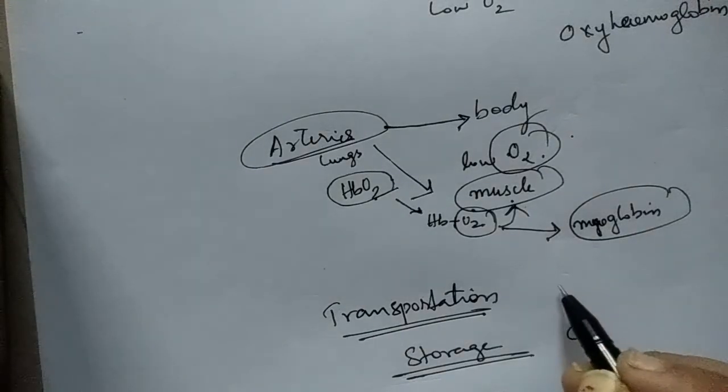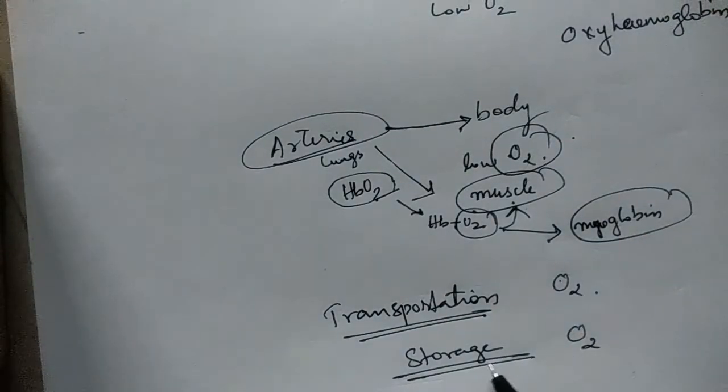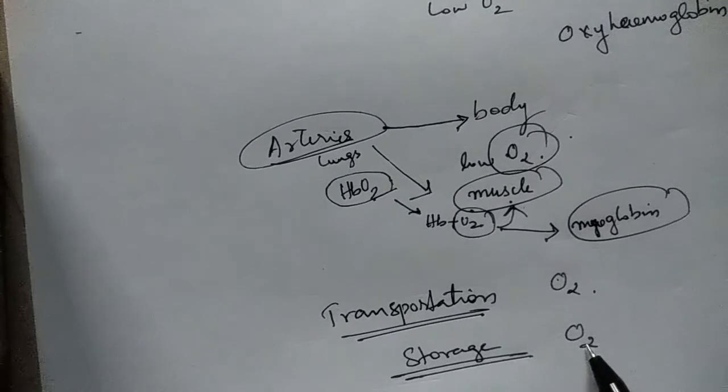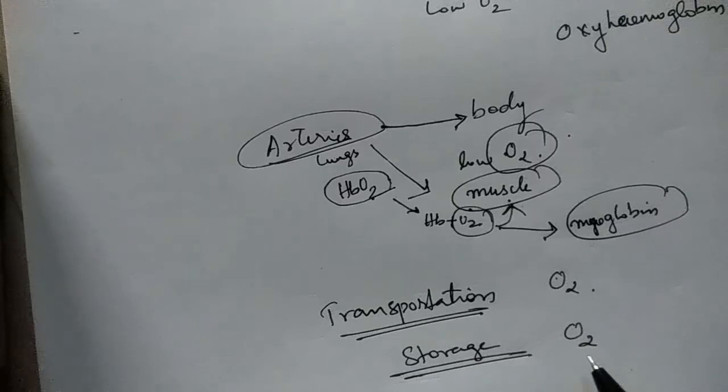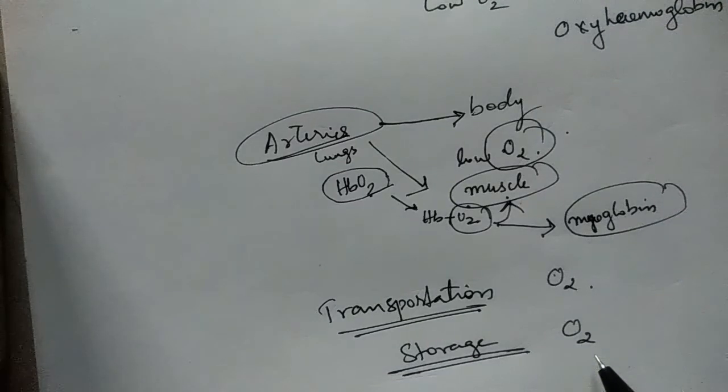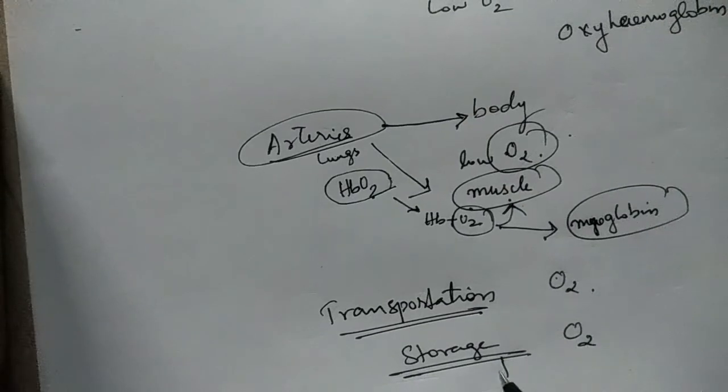At the muscles, we'll be seeing myoglobin. Since muscles have a lower concentration of oxygen, the oxygen is released, and this released oxygen will be stored in myoglobin.